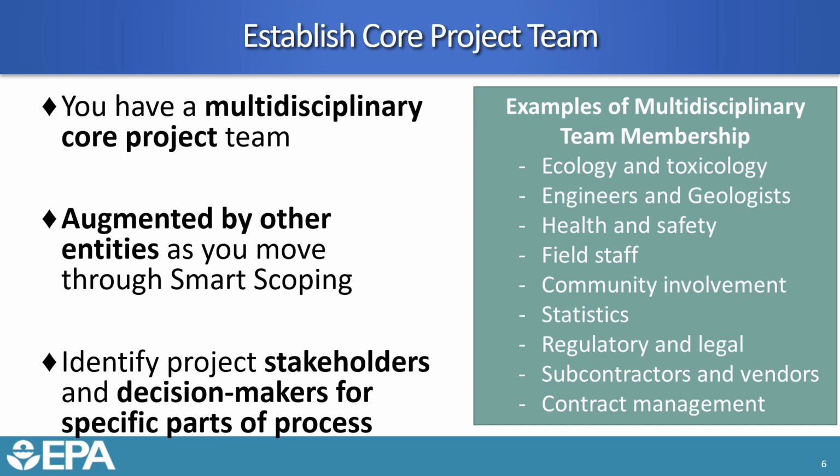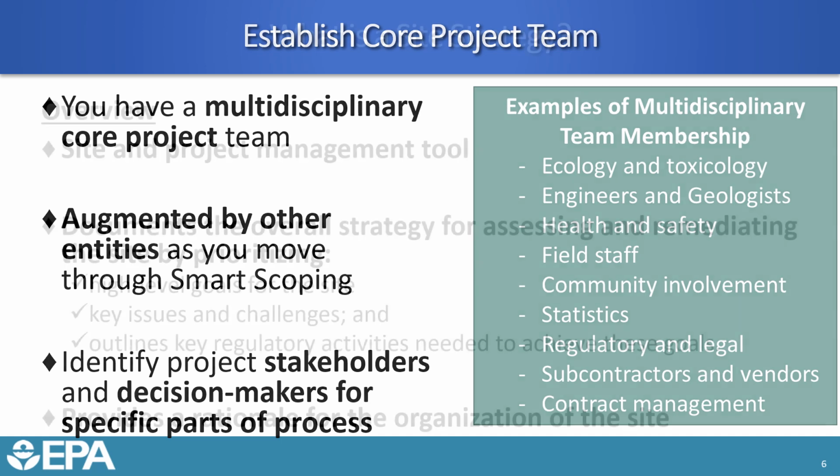Decision makers may include your management, community members, or other agencies that get involved. So make sure that you have a plan that addresses all these different stakeholders, and that you have the right people in the right place to define what your project objectives will be.